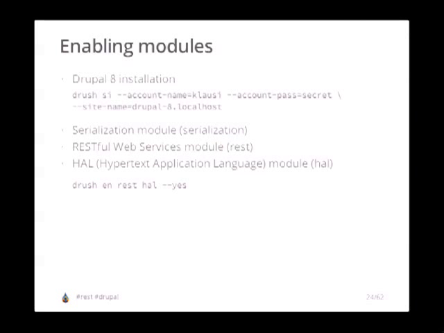I put some Drush commands up here in case you're using Drush. It's a really useful tool, so you can just see what you need on the site. As I said, you need to enable a couple of modules: the serialization module, the RESTful Web Services module, and the HAL module. And we are working with basic authentication, so you also need the HTTP basic authentication module, which you can also enable with Drush.